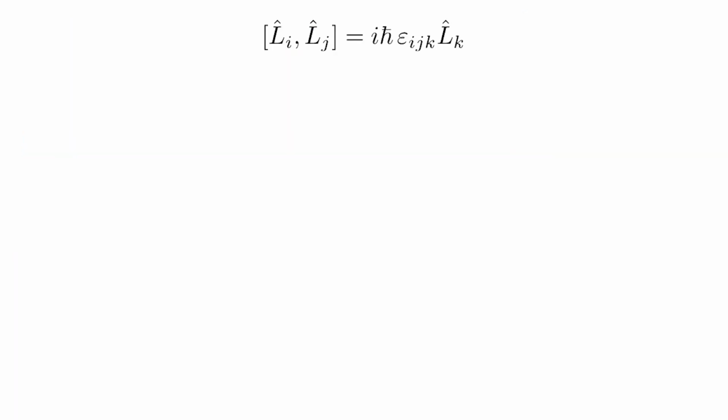The properties of an observable in quantum mechanics are determined by its commutation relations. And in the case of angular momentum, the commutation relations are the ones up here, where, as a reminder, I am using the Einstein convention, so this should be interpreted as having a sum over the repeated index k. If we forget about the physical meaning of angular momentum for a second, then commutation relations such as these are simply mathematical relations that we can work with in an abstract manner.